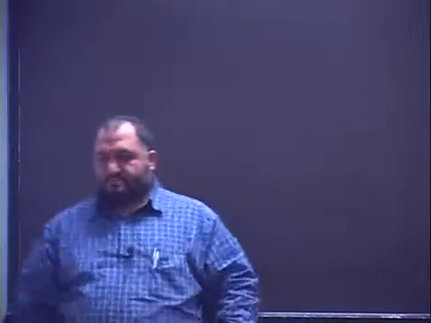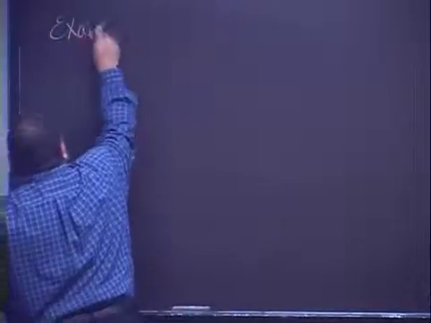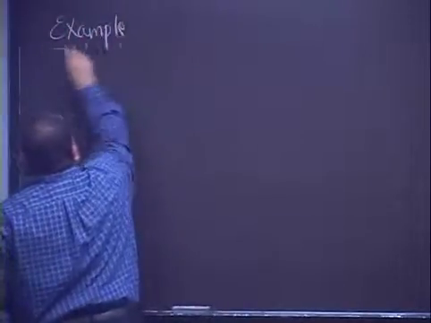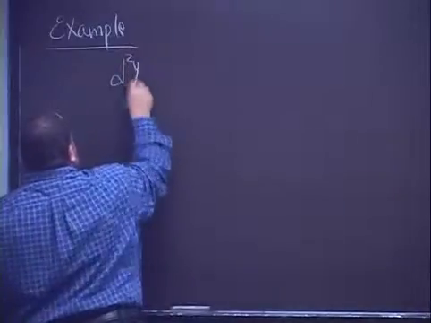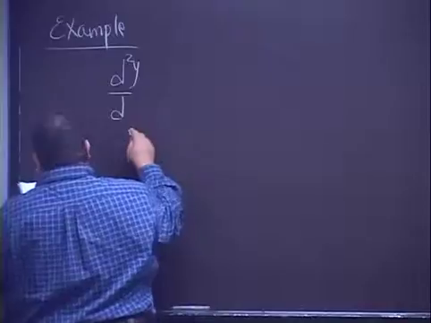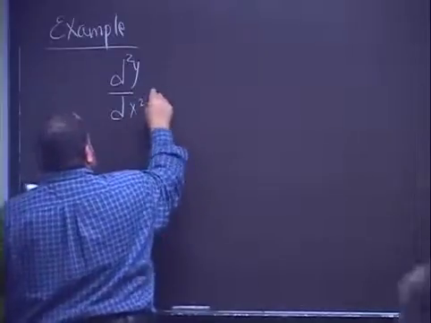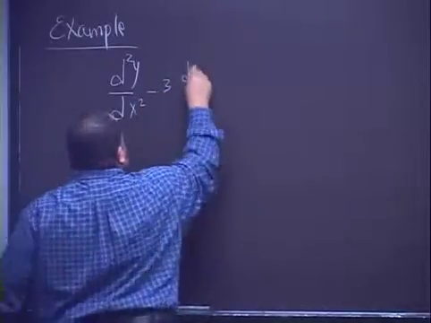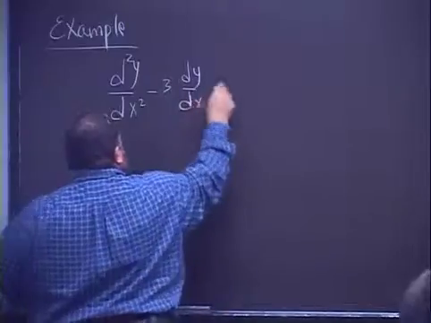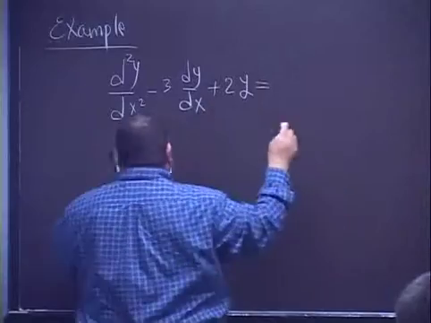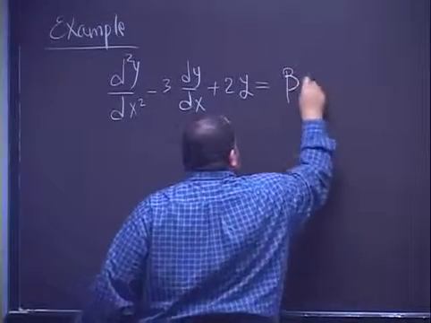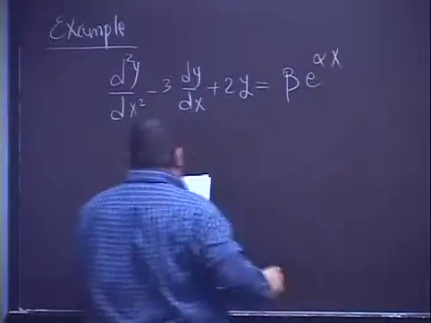So the example: we have a differential equation d squared y by dx squared minus 3 dy by dx plus 2y equal to beta e to the power of alpha x.